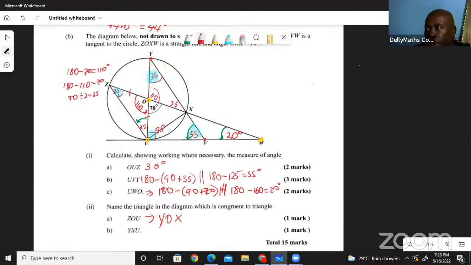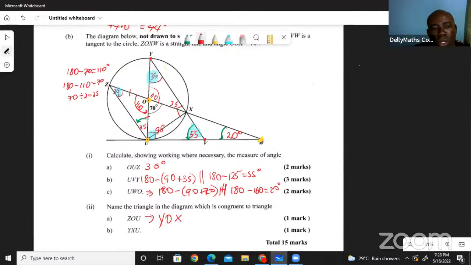They want us to find another triangle that is congruent, and we say congruent to talk of identical twins, same size, same angles. YXU. Where's Y? YX. Where is U? YXU. You could see YXU is the same thing because there's a 90 degree here.